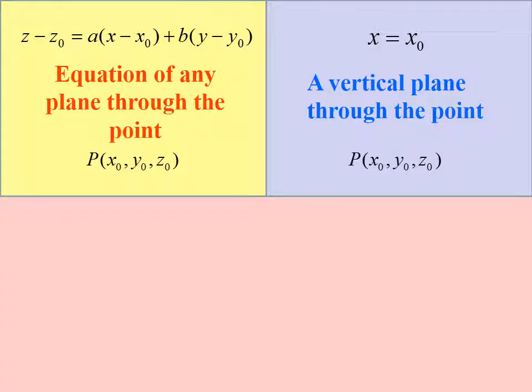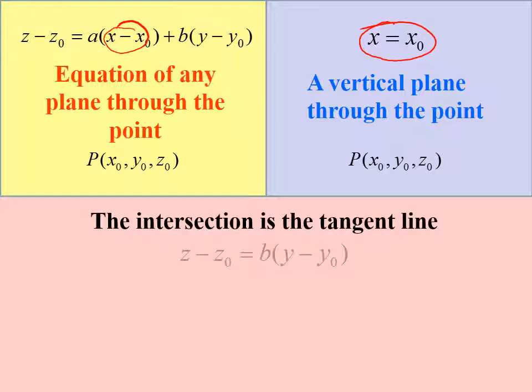And likewise, if we take the plane x equals x0, that's going to make x minus x0 equal to 0, which is going to give us b equal to z minus z0 over y minus y0. And again, if you look at this, this is our y2 minus y1 over x2 minus x1.